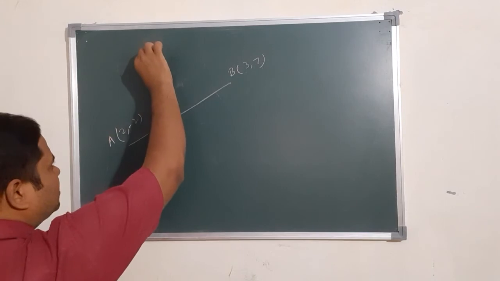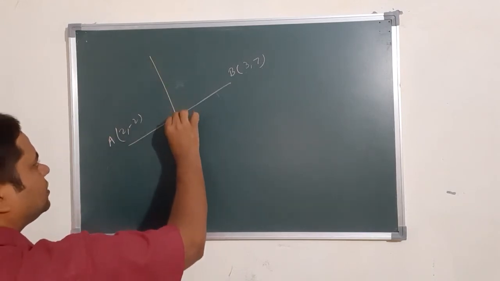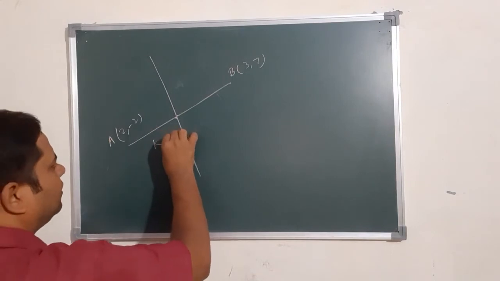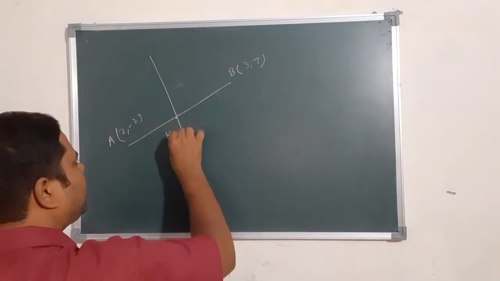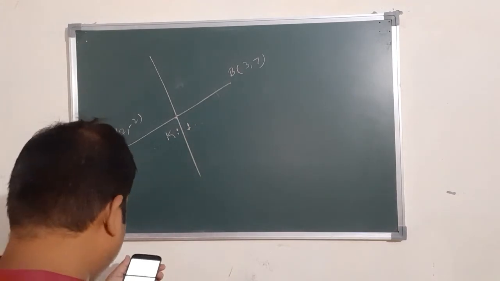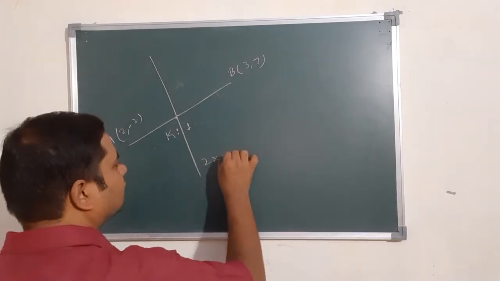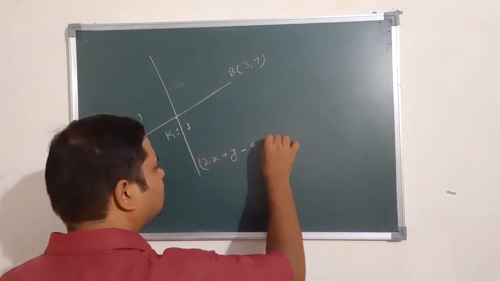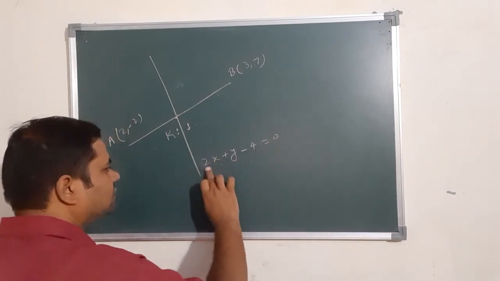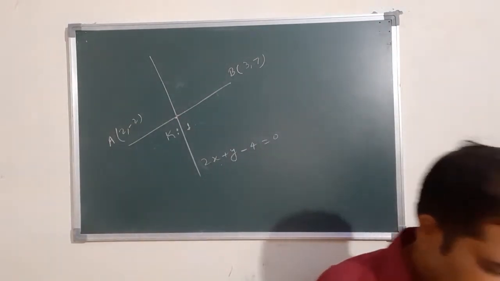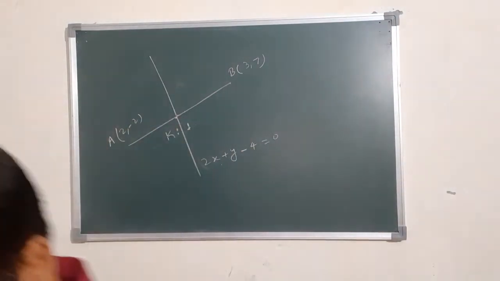So suppose this is the line which divides in the ratio k:1. The line is 2x plus y minus 4 is equal to 0.